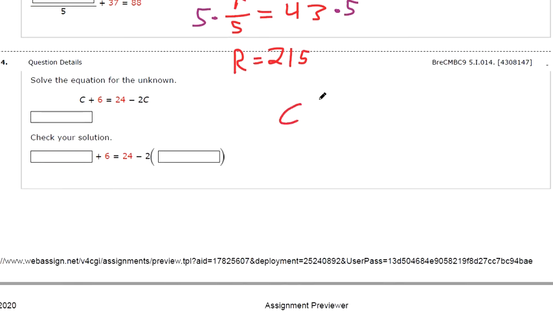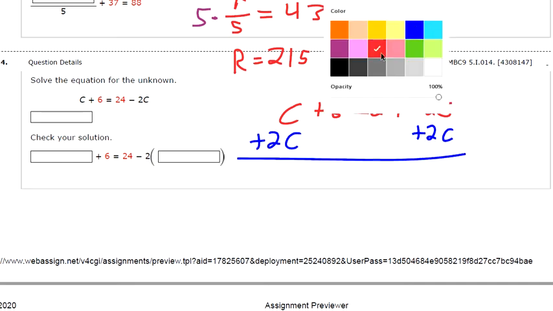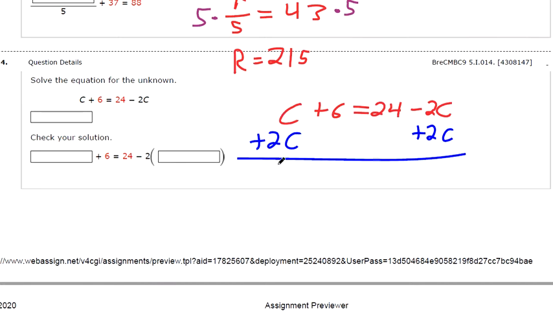This one usually gets a couple of questions each semester. First thing you have to do is get the c's together. Okay, there's a c on the left and there's two c's on the right. So we can make this c disappear by adding 2c to both sides. So if you do that, 1c plus 2c's makes 3c's.